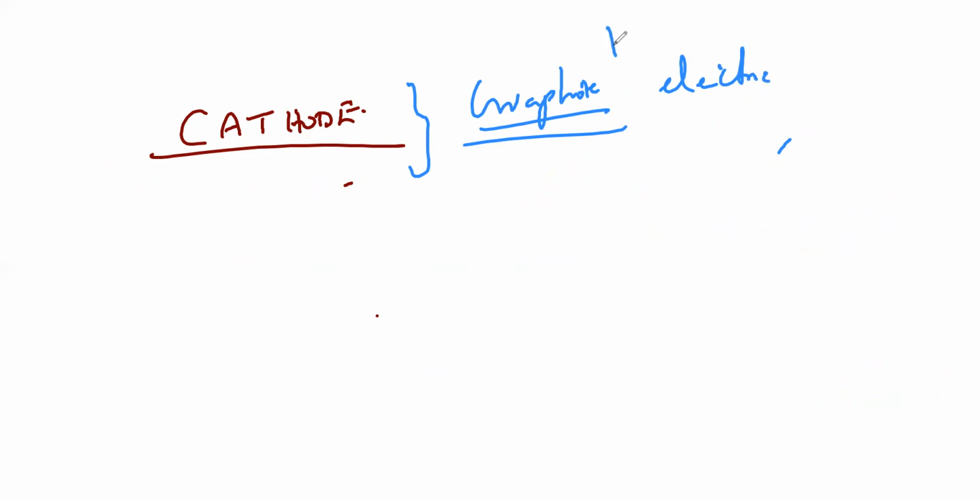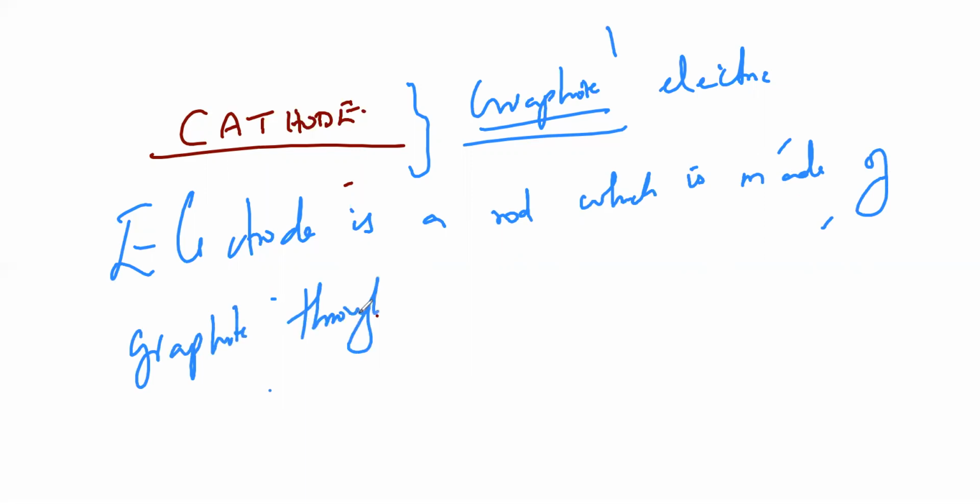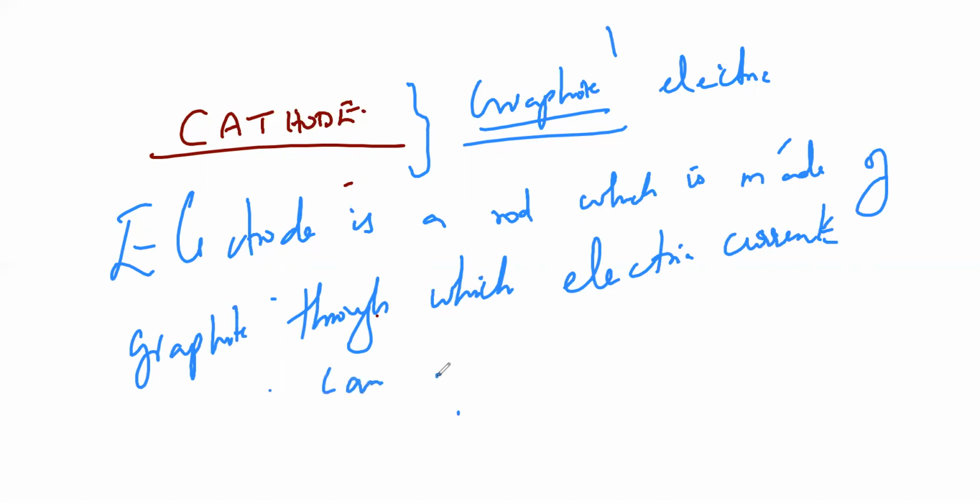So the electrode is a rod made of graphite through which electric current can pass to an electrolyte. Not that big of a thing.